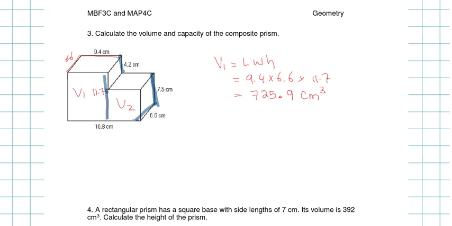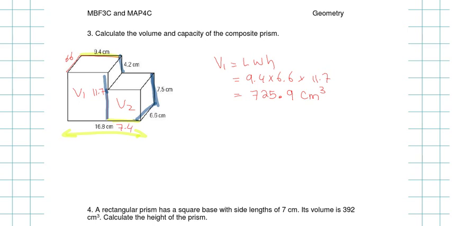This side is basically the whole side, which is 16.8 minus 9.4. To find that side, you take the whole thing, 16.8, and take away the 9.4 from it, which is going to give me 7.4. Are we okay with that?